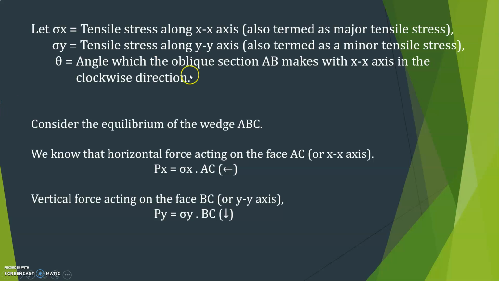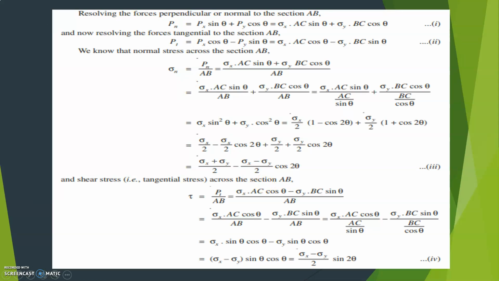This you have studied in engineering mechanics, how to resolve horizontal force and vertical force. Apply that equilibrium theorem and write the equation like this. Then you have to derive. In the last class also I told you that derivation is not important. You have to just remember the final formula.